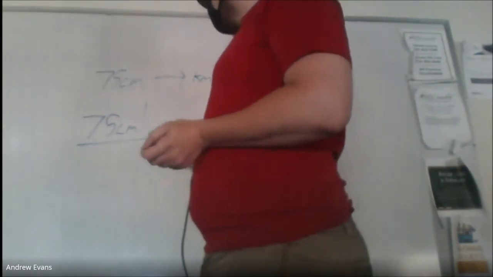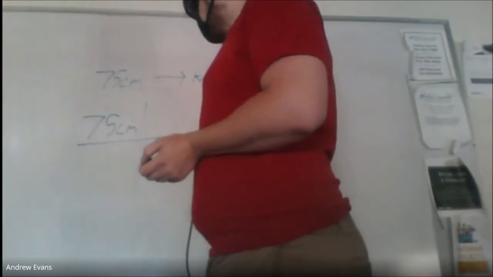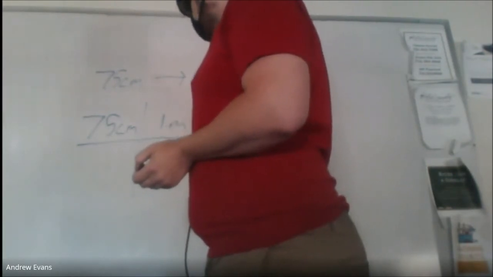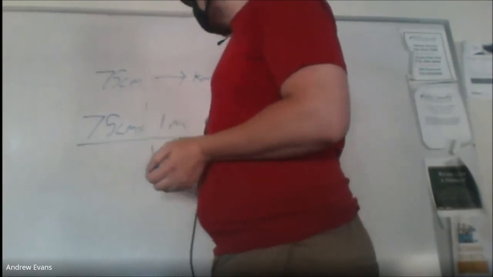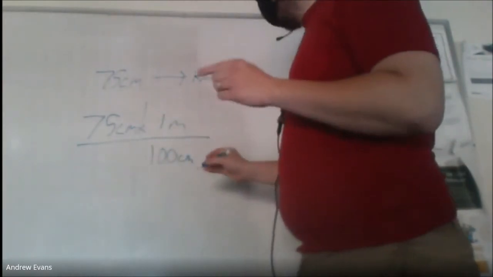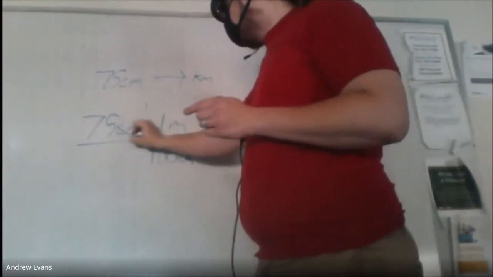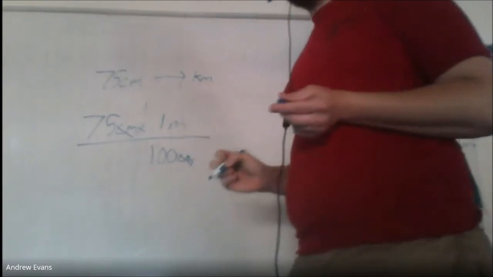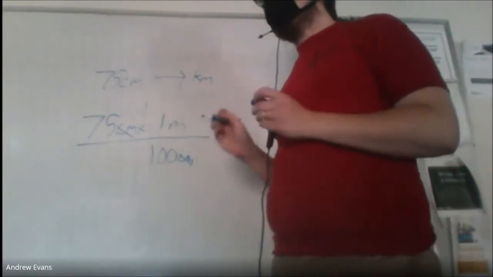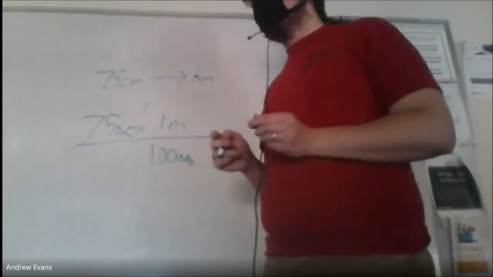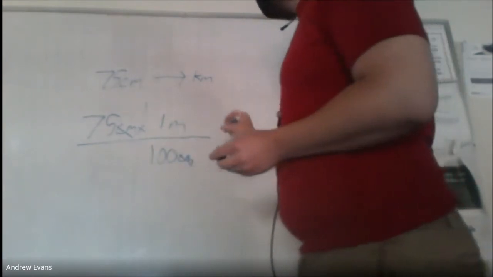Then I would say, well, there's 100 centimeters in 1 meter. So I'm multiplying by 1 meter divided by 100 centimeters. I'm doing that so that centimeters is on top of the bar and centimeters is on the bottom of the bar. That eliminates my previous unit and leaves us with meters as my unit.